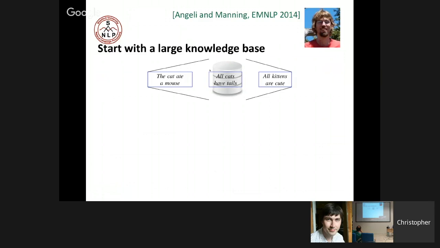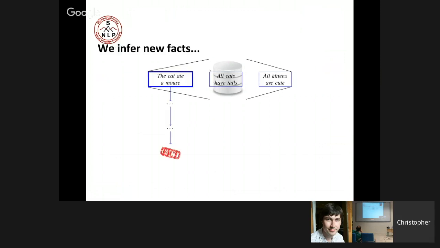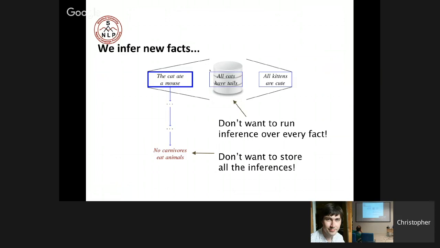So we start off with this large pile of text, which we're going to treat as our knowledge base. And then you might think that what we could do was infer new facts from that. And in principle we could, but we have an enormous amount of text and it's probably inconsistent in all sorts of ways. And so we wouldn't really want to try and run inferences over combining all of these facts and seeing what we could derive from them.